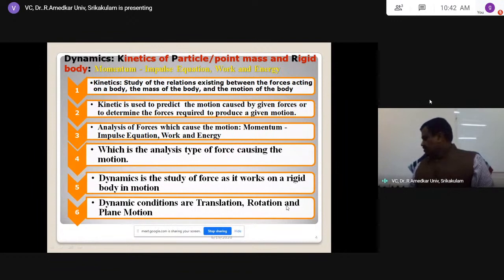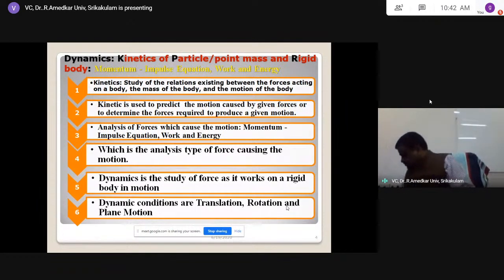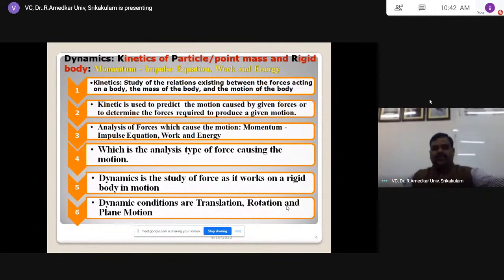Okay, so this is how generally we will consider the system, how we will consider the dynamics with reference to translation, rotation and plane motion. Okay, so these are the main areas which we are going to touch in today's class. There is a 9th class for the GATE.